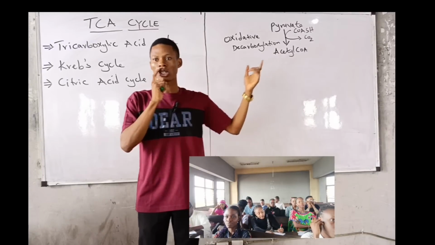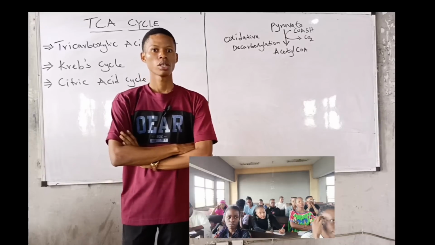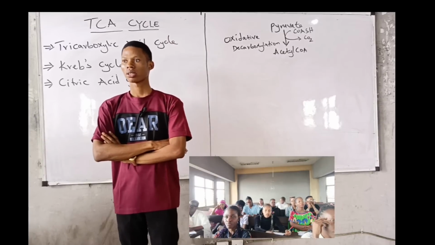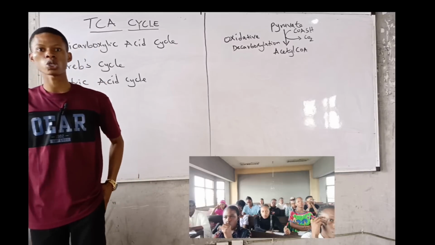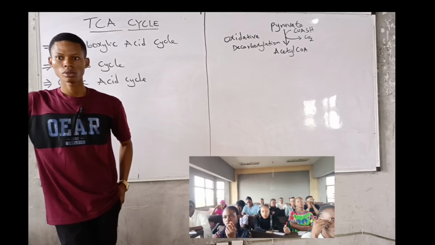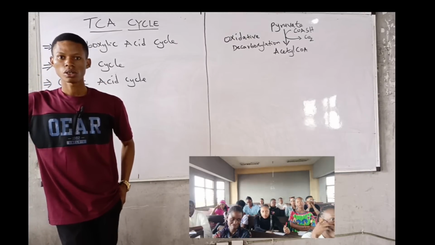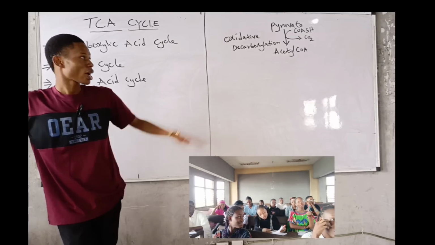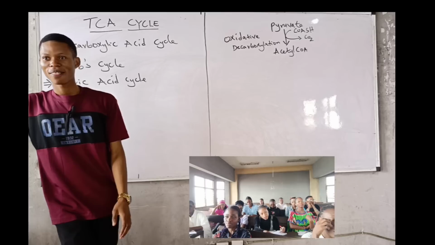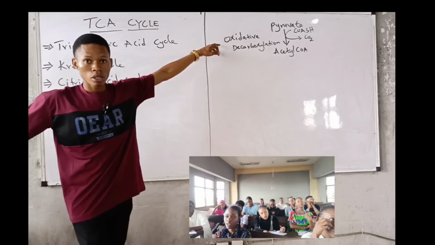Now, this acetyl-CoA has been formed. Do you know why TCA cycle cannot take place without oxygen? Who can point it out for me? Why can't the TCA cycle take place without oxygen? Look at it. What is this name?